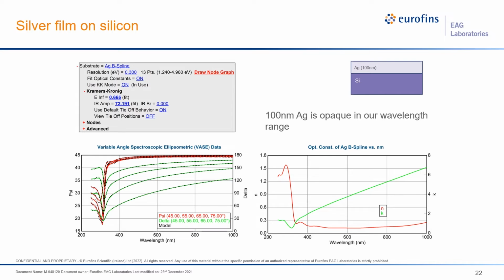Using a generic B-spline dispersion model for the silver that incorporates absorption, we can now fit for the optical constants. The result is shown on the slide as well in the lower right corner. As expected, the absorption of the film is high, with k values between 1 and 4 over the measured wavelength range.